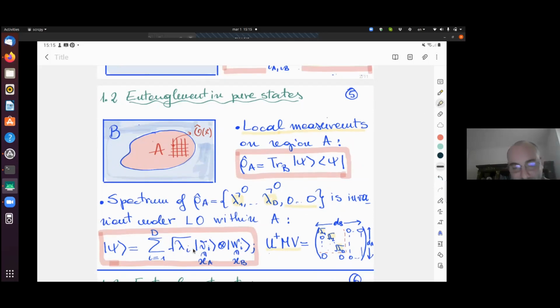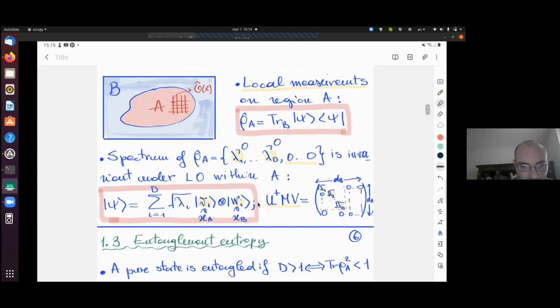So you can see that this linear superposition, which contains states on HA and HB, only has D elements, okay, where D is the number of non-zero eigenvalues of rho A. Okay, so in fact, a state is said to be entangled if this D is larger than 1, namely if the reduced density matrix, as I said before, is not a projector.